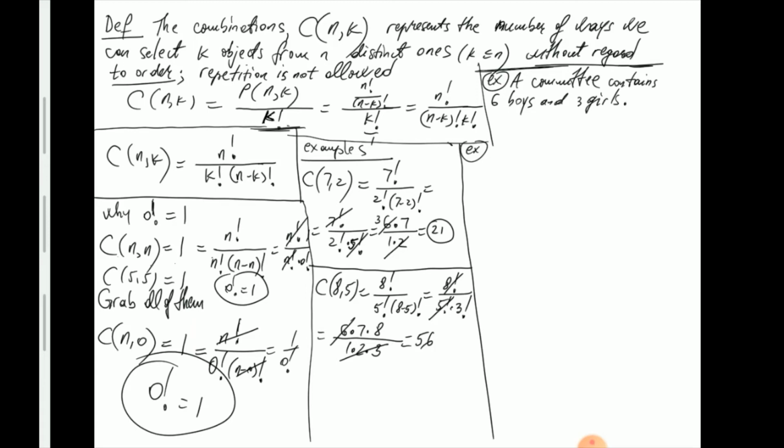And let's say there are 9 boys and 5 girls available. And so the question here is, how many committees can be formed?